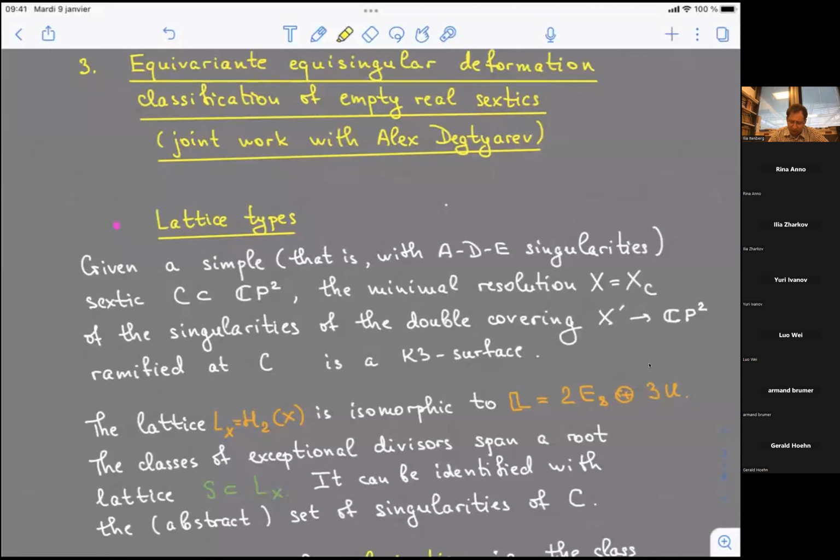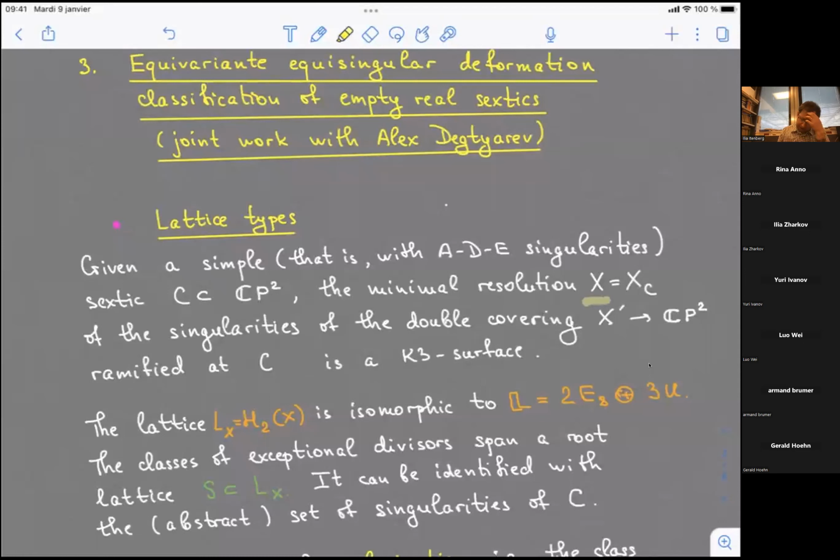And then what we can do, we can consider the double covering of the complex projective plane ramified along the complex point set of our sextic, and we can take the minimal resolution of this double covering. This minimal resolution I will denote by X, and what is important for us is that this minimal resolution is a K3 surface.